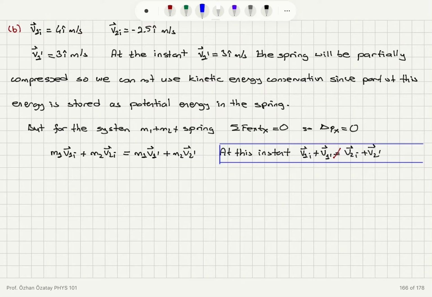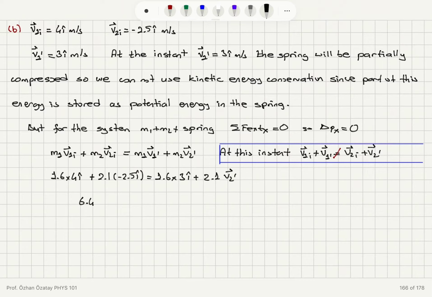Now, if I plug in the numbers, 1.6 kilograms for M1, V1 initial was 4 i hat, M2 is 2.1, V2 initial is minus 2.5 i hat. This equals 1.6 times V1 prime, which is 3 i hat, and 2.1 times V2 prime, which I want to determine.